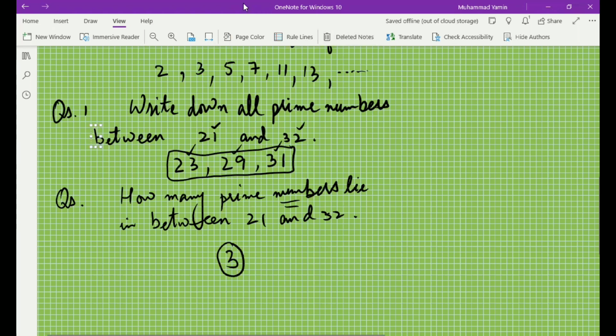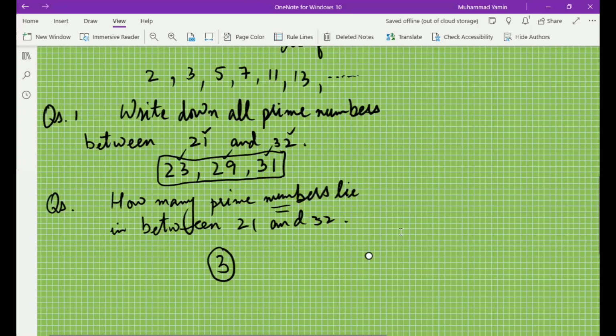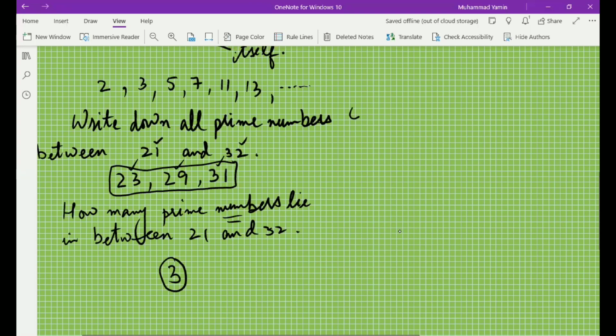I said there are 3 types of questions which come as the requirement. Now just see what will be the next one. Next one, I'm writing down here just along with this first question because it is in comparison to this and a very important thing to be noted. And what is that important thing?